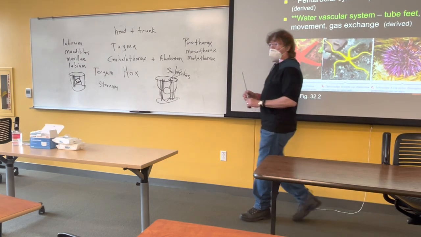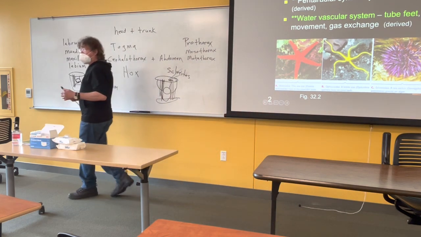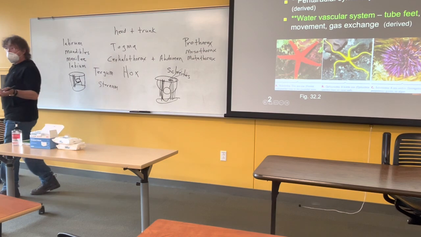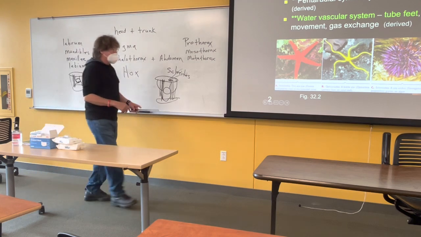On the oral side of the body, there's a mouth. On the aboral side is an anus. Now what we saw with the Radiata, which had radial symmetry, is that they only had a gastrovascular cavity, one opening. They didn't have a complete digestive system. These have a complete digestive system.